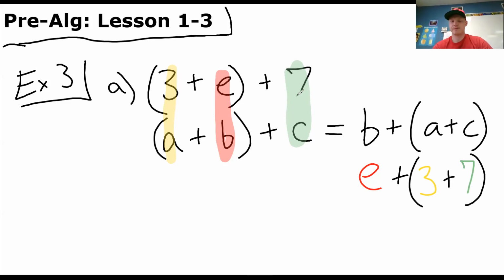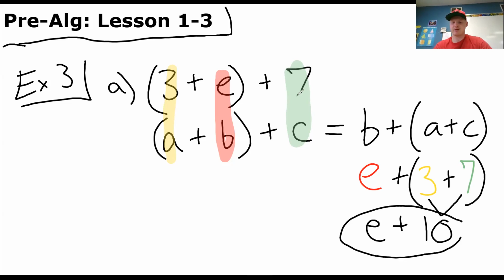Okay, there we go. So now we have E plus 7 plus 3, that's going to equal 10. So our simplified expression here is going to be E plus 10. E plus 10 will be our answer here, okay?